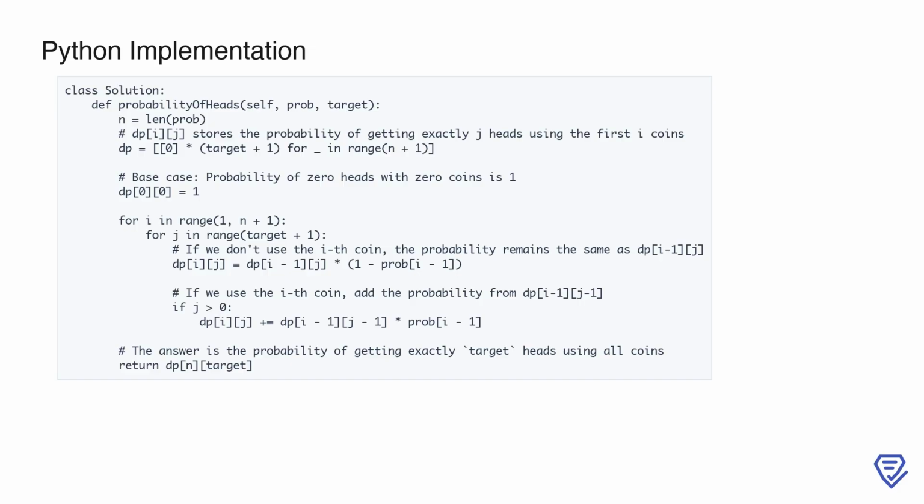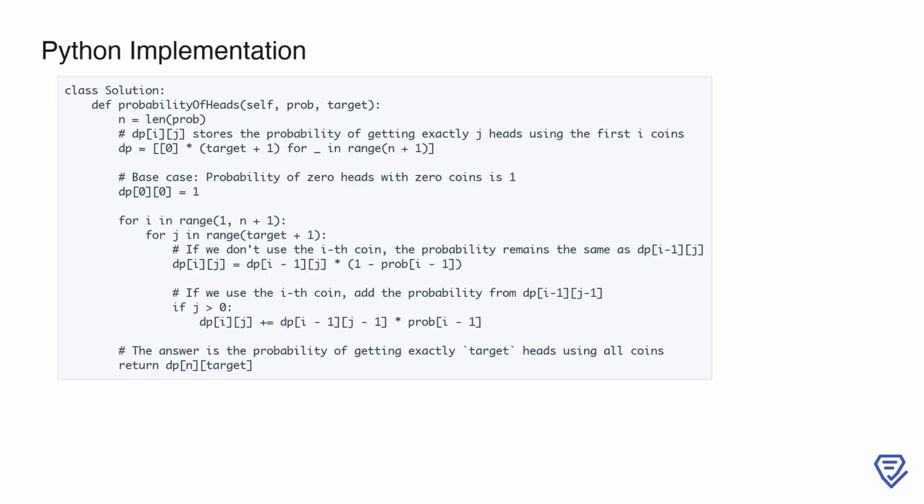This ensures we account for both possibilities, using or not using the current coin. Finally, the desired result is stored in dp[n][target], which represents the probability of achieving exactly target heads using all n coins. This approach ensures that all overlapping subproblems are reused efficiently, avoiding redundant computations.